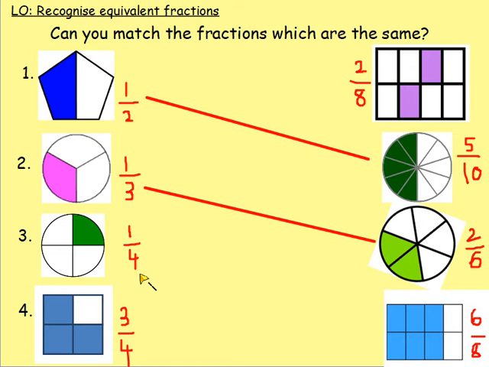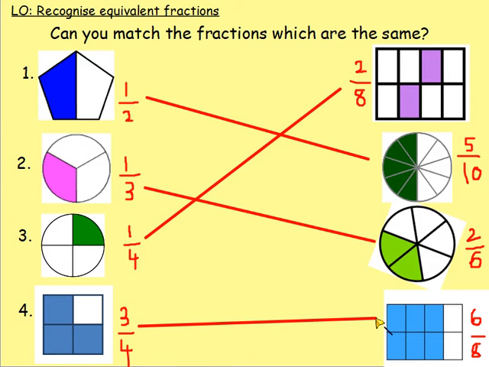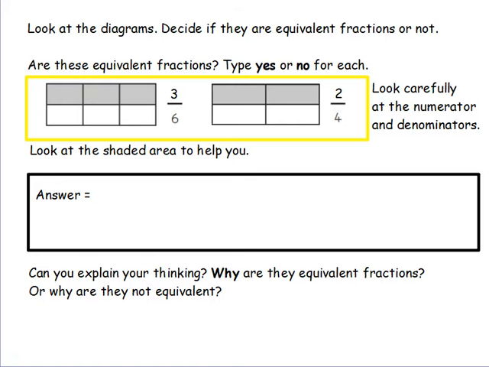So well done if you're starting to see the pattern, Y3. Here you go, look, 1/4 is equivalent to 2/8. Double 1 is 2, double 4 is 8. And the last one, 3/4 would be equivalent to 6/8. Double 3 is 6, double 4 is 8.